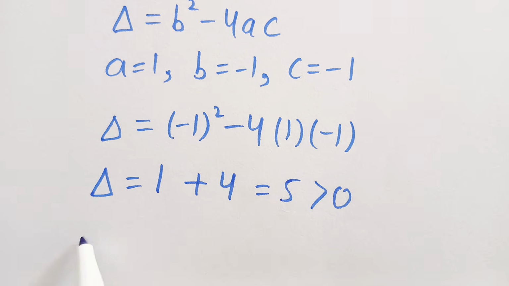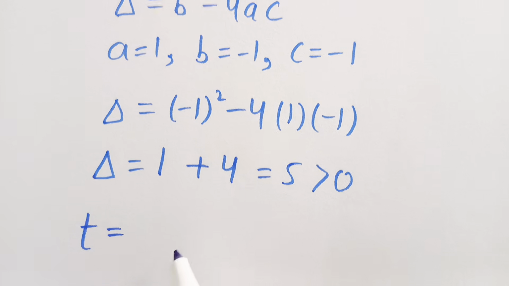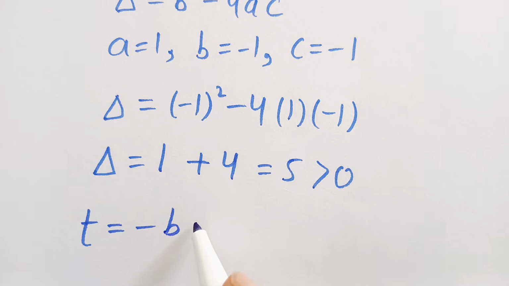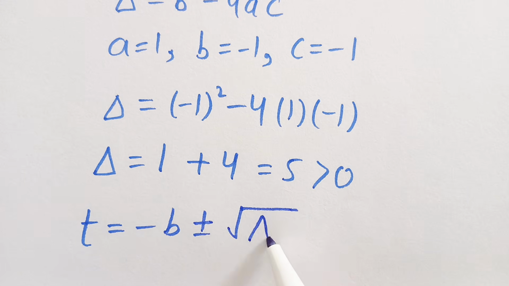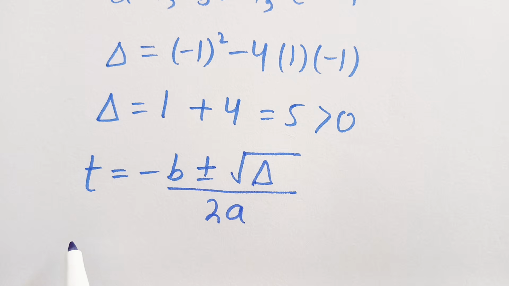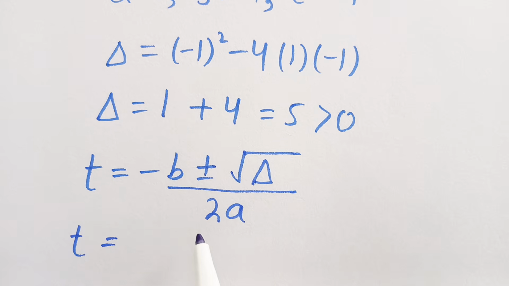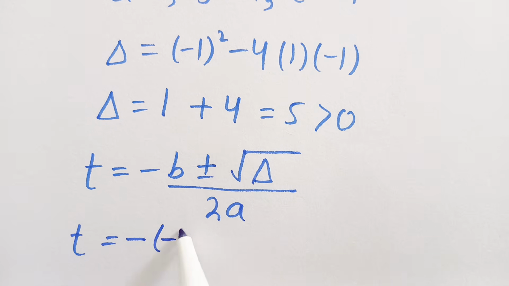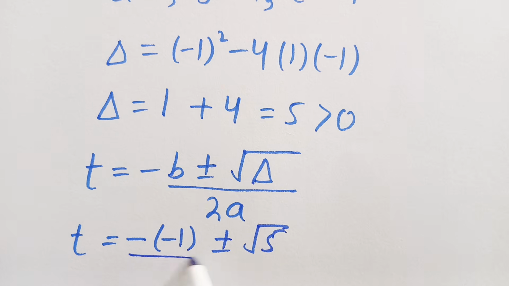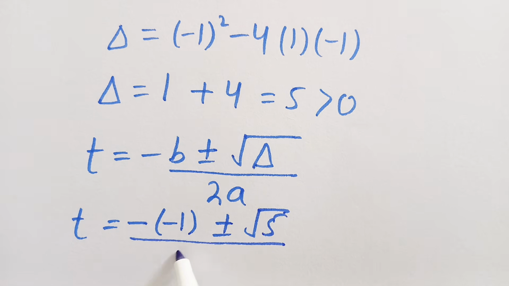By using the quadratic formula, t is equal to minus b plus minus square root discriminant divided by 2a. Now, t is equal to minus into minus 1 plus minus square root of discriminant, which is 5, divided by 2 into a, which is 1.